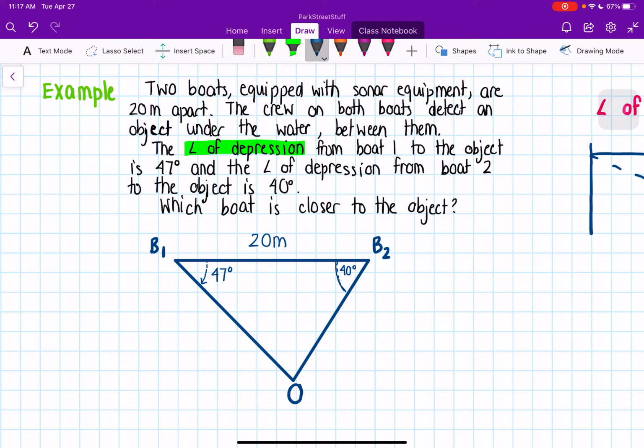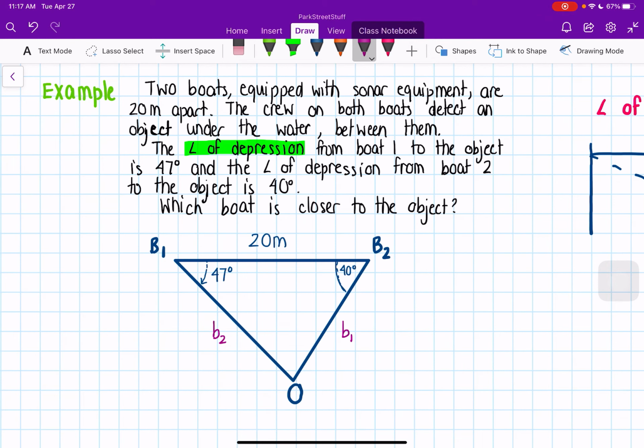We are asked which boat is closer. In order to know which boat is closer, I would have to find both of the distances and compare them. Because I've called this angle B2, I'm going to call the opposite side a lowercase b2. I'm going to do the same thing over here with B1. And so we have to find both of them.